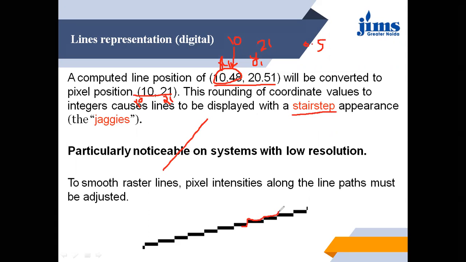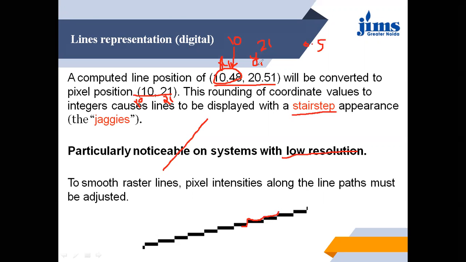Because in general, our systems have high resolutions, so we are not able to see that. If we see that line on a low resolution system, then we are able to see this clearly.